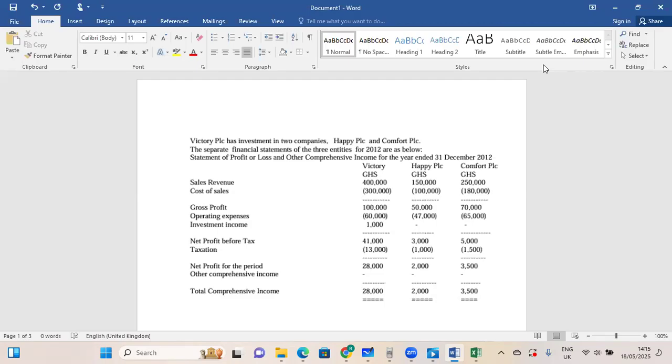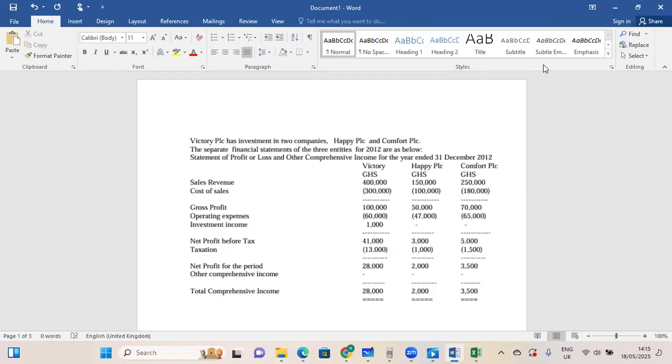It's a bit easier. Then I'll come to ratios, still meditating on the consolidation. I'll make sure that I leave 40 or 45 minutes for this particular question. Then when I'm done with everything, I'm coming straight here.